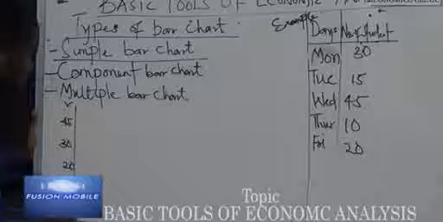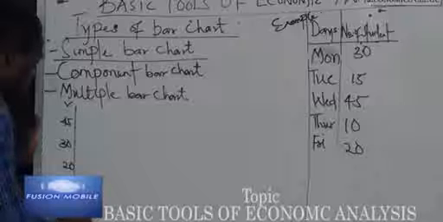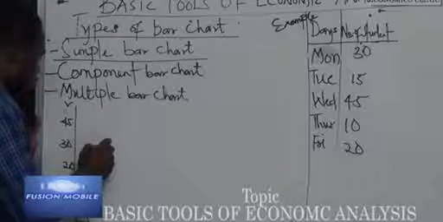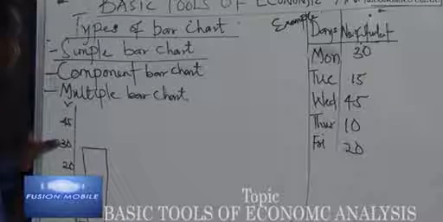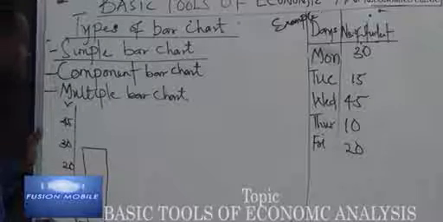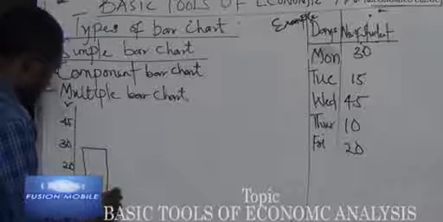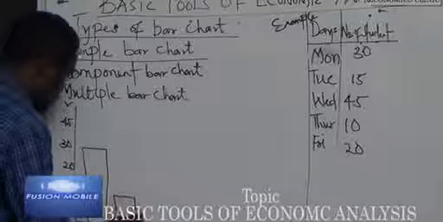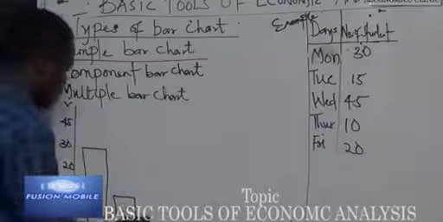Now let's consider this. On Monday we have 30, so we draw it. The length must be drawn to the attributed frequency given, which is 30. Next one is Tuesday, 15. 15 is located here. Wednesday is 45, drawn to 45.